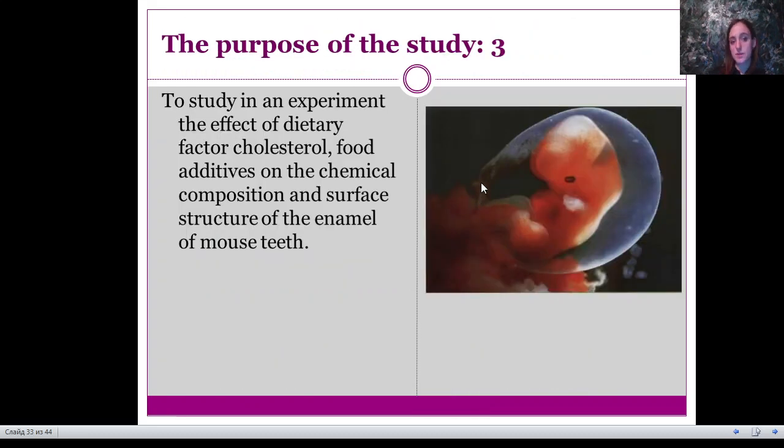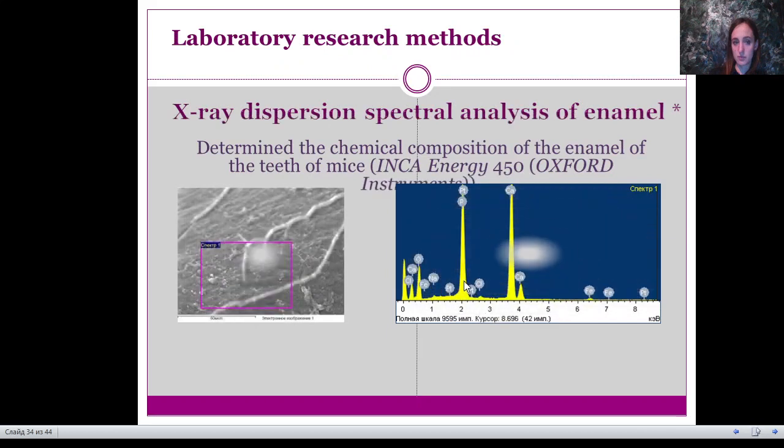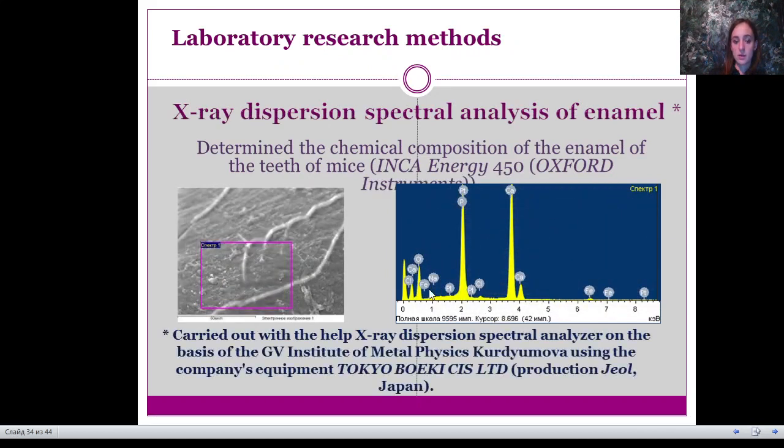And the purpose of the study is to study in experiment the effects of dietary factor cholesterol, food additives on the chemical composition and surface structure of enamel of teeth in mouse. And of course, X-ray dispersion, spectral analysis of enamel.